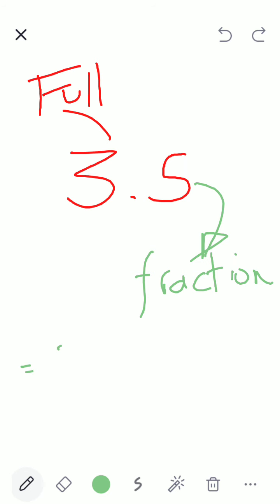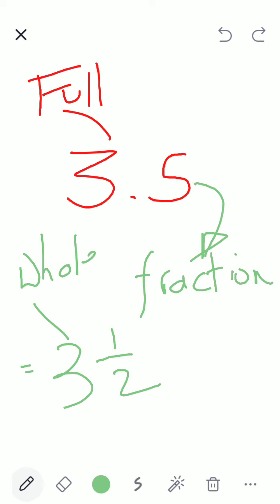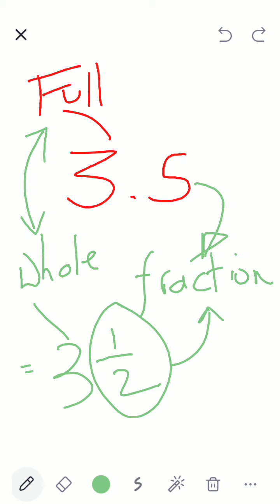Or you can write 3 and a half. This is called whole, correct, children? Which is nothing but full. Whole and full are the same. And this is called fraction. This is how it is related. Only thing is, in one it is called half, and here it is number of pieces. That's why five smaller pieces, and this was half of the fruit. That's all the difference. That's English.